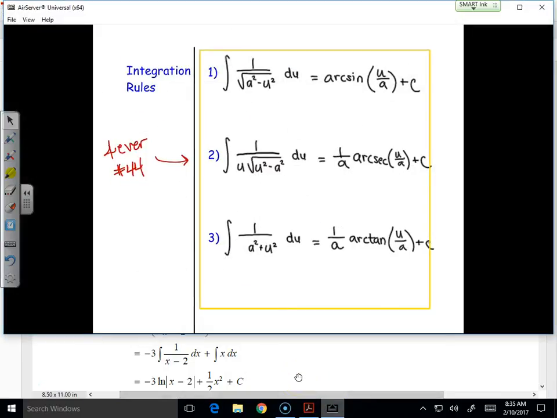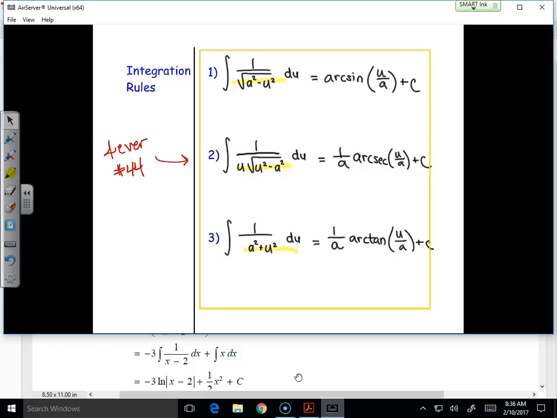Okay. Question. Don't these look like those rules kind of backwards? Kind of. What's different? There's no u prime, but that's okay because what do we have in these integrals that kind of represents u prime? So we have to do the whole u priming thing when we do our u sub. What else is different though? The a.